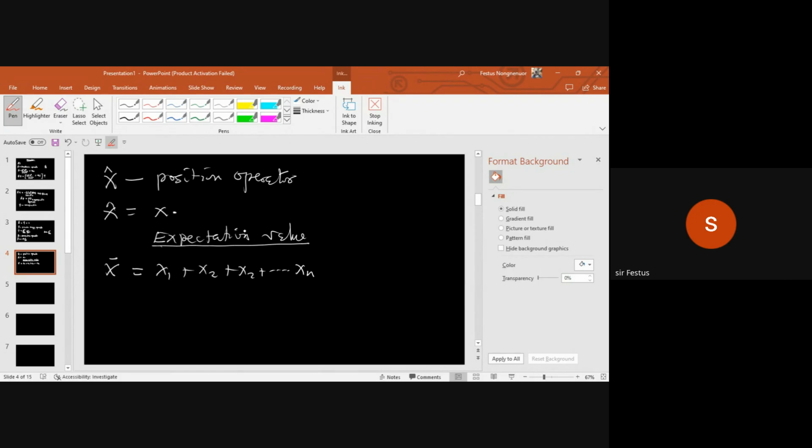Then all this will be divided by x1 plus x2 plus x3 up to xn. Okay, so that is how you find your mean.